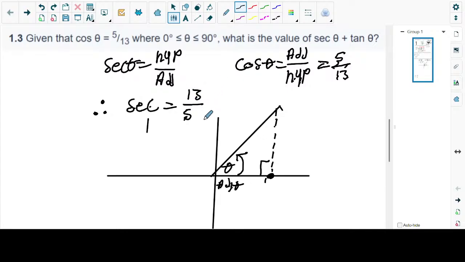So on our diagram, we say this is theta. From theta, you can check who's opposite to theta and define that side, and then say who's adjacent to theta. We need to start by defining our hypotenuse.